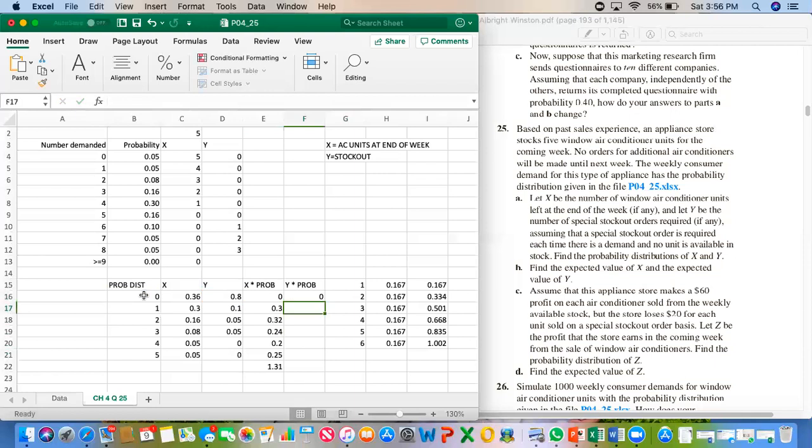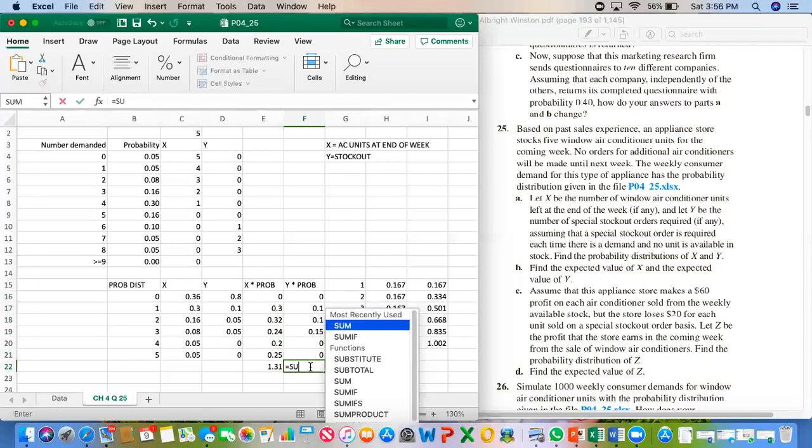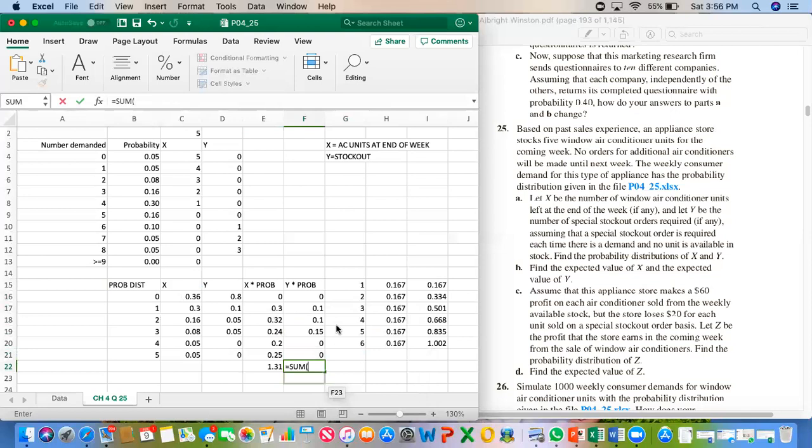And then I can bring this down and get everything, and I could sum. And there you go. And if you look up top in your chart, what's the most likely set of outcomes in the Y column?